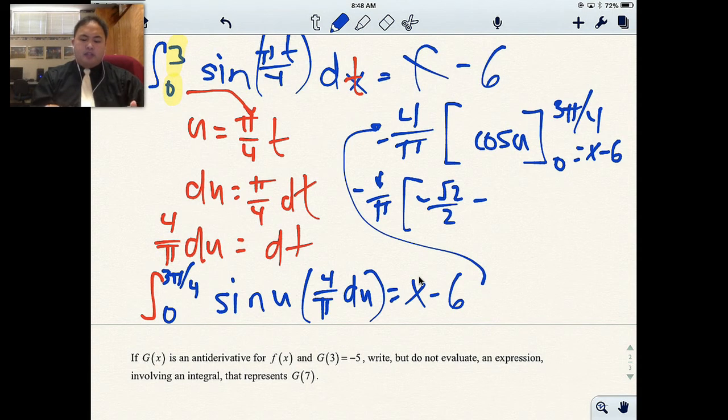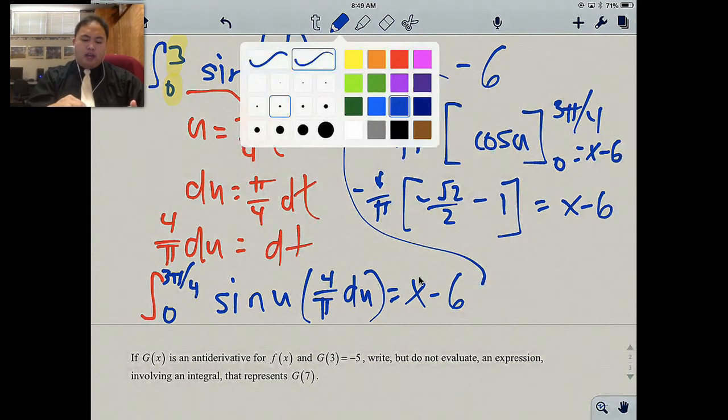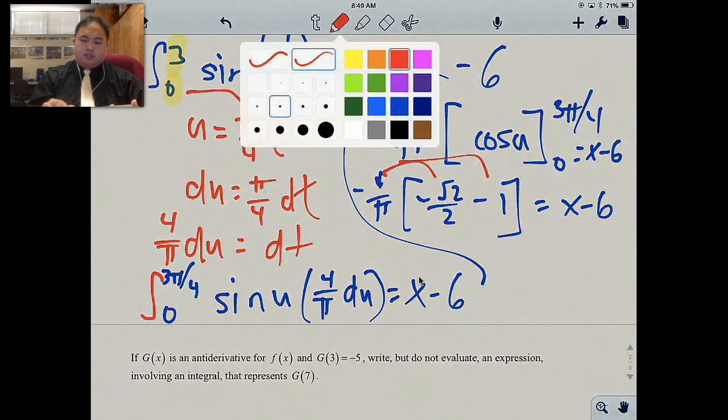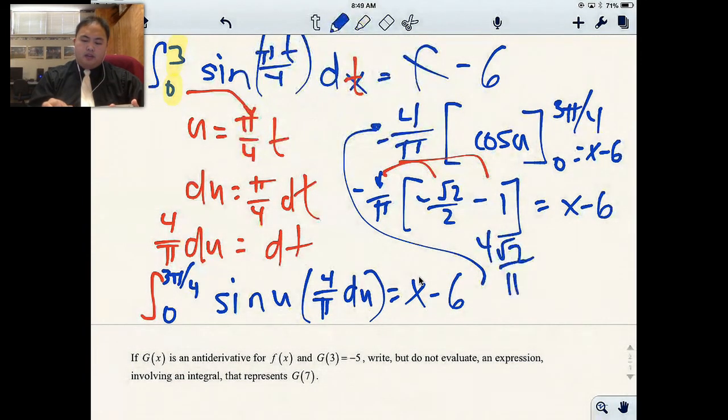Equals x minus 6. Okay, this is kind of an uglier problem, it doesn't have a clean answer. So then I'm going to distribute this minus 4 over pi to both of them. So now I get 4 radical 2 over pi plus 4 over pi equals x minus 6.